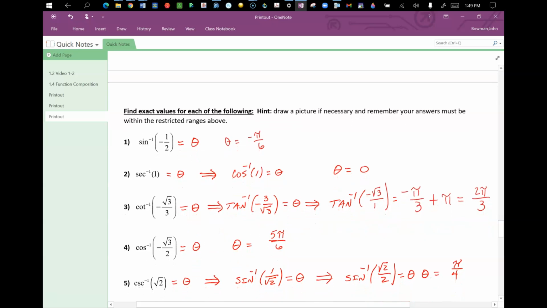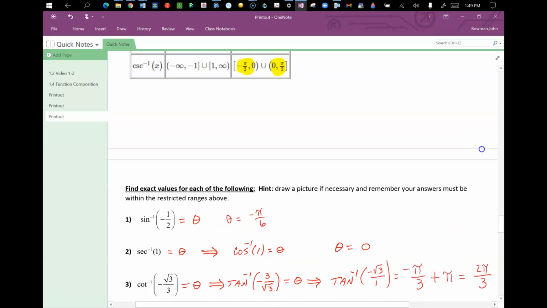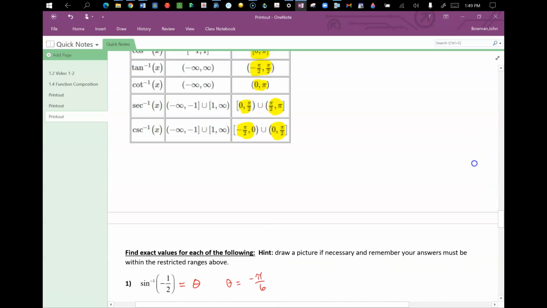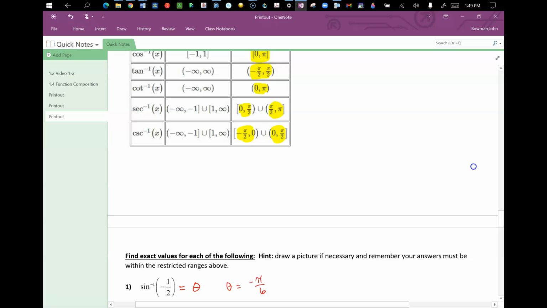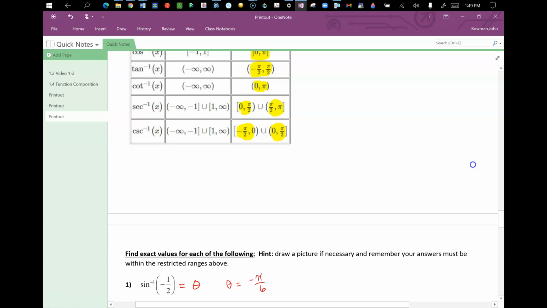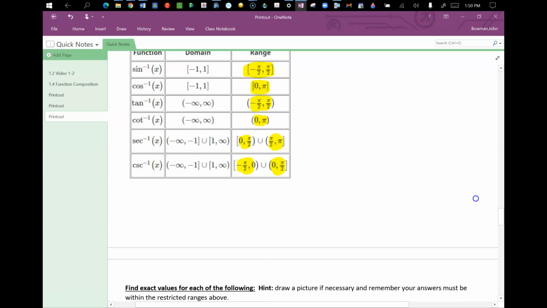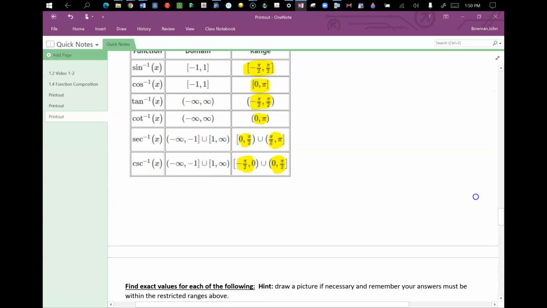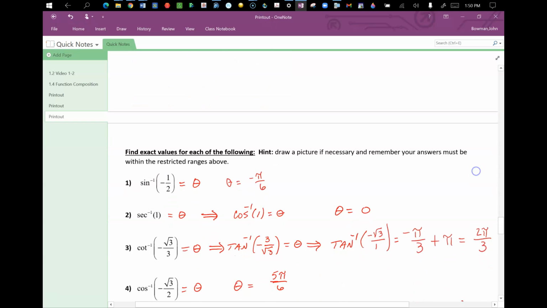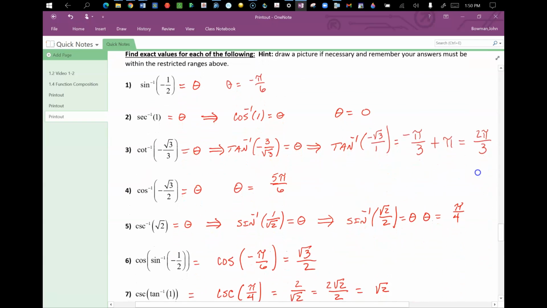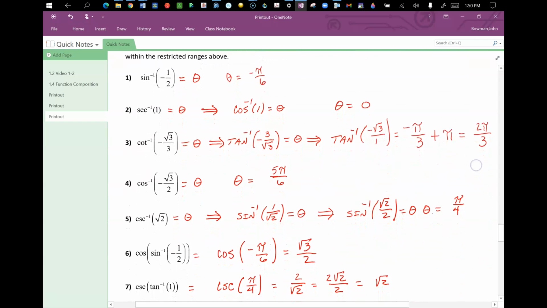In number 5, what angle has a cosecant of root 2? If we go back up to our table, the cosecant basically is in the first or the fourth quadrant, which is similar to the inverse sine, which it's related to. So we are going to take a look at it that way.